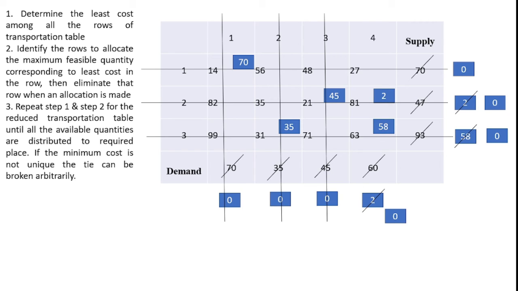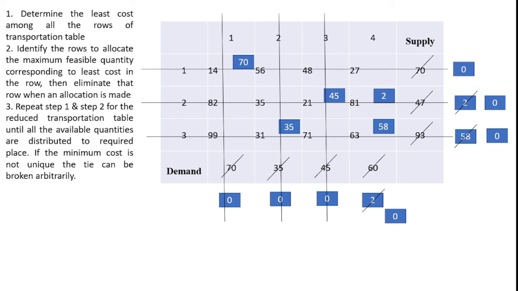Likewise we can perform the least cost method calculation for a transportation table. Repeat step 1 and step 2 for the reduced transportation table until all the available quantities are distributed to the required places. If the minimum cost is not unique, the tie can be broken arbitrarily. Likewise, we can complete the problem.